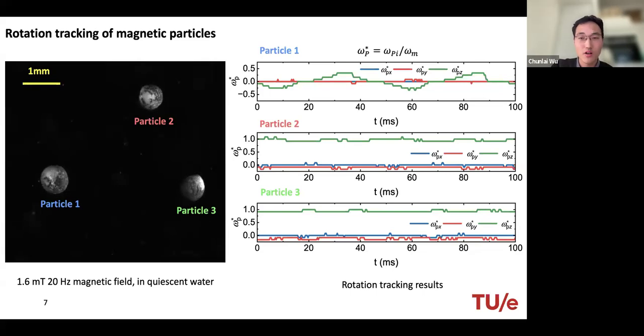For particle two and particle three, again only the green line, the normalized angular velocity aligned with the rotating vector of the magnetic field, stays around one, which means those two particles are exactly following the rotation of the magnetic field. So this confirms that our tracking algorithm works pretty well on our particles.